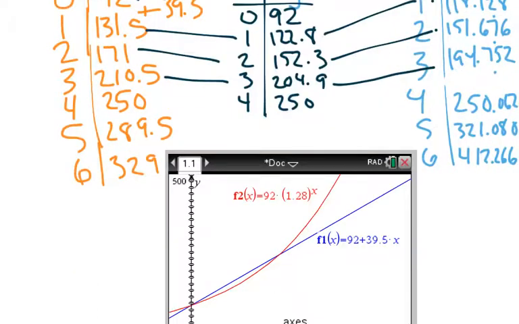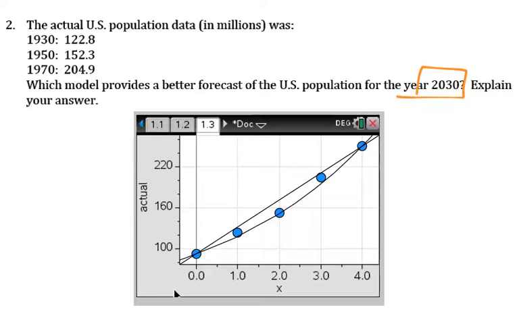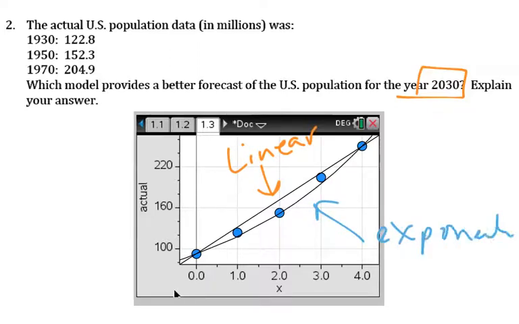Let me plot those points in there and we'll see what that looks like on our graph. So here's another shot of what we had going on, and as you can see, this top line was our linear and the curved line was our exponential.